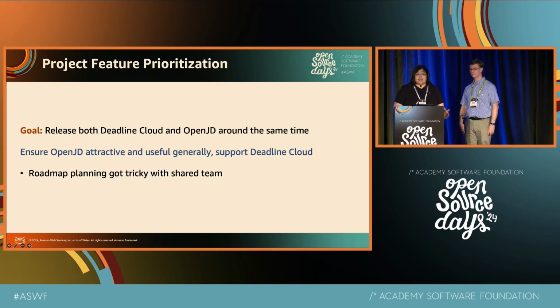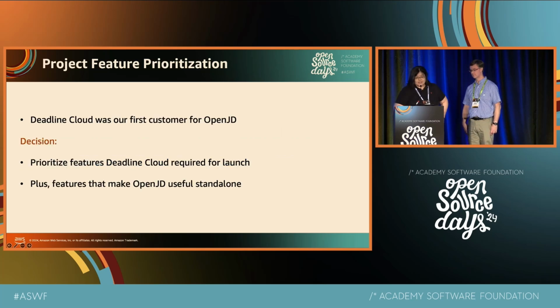But on the other hand, AWS pays all my bills, or all of our bills, really. So we had to make sure that Deadline Cloud was getting what it needed. So in the end, we treated Deadline Cloud as our first product, which uses OpenJD. We prioritized critical Deadline Cloud needs over nice-to-haves.